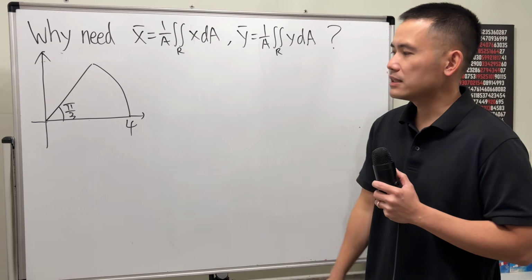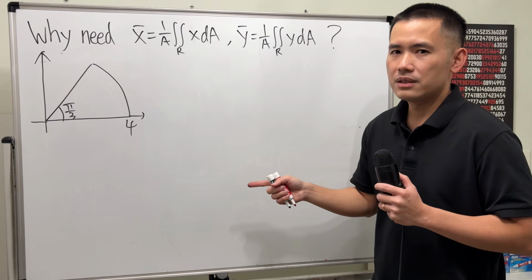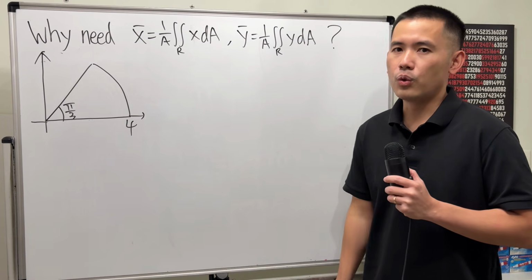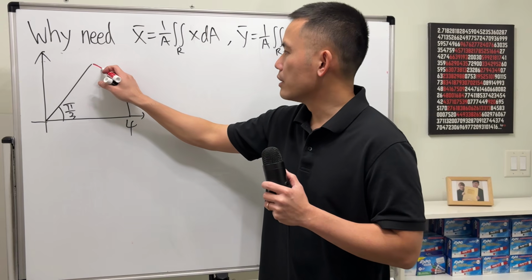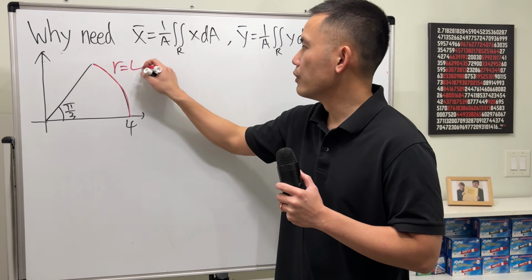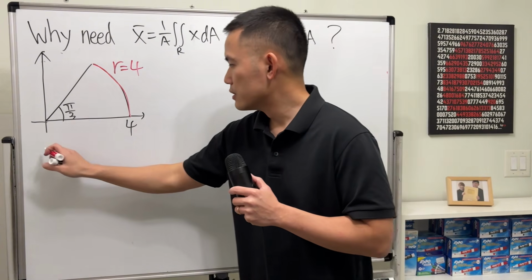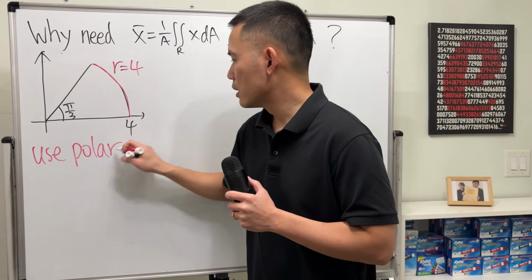But I think many of you guys have noticed the key to do this is to actually use polar coordinates. Because in the polar world, this right here is simply r is equal to 4. That's it. So that's the key. We will use polar.